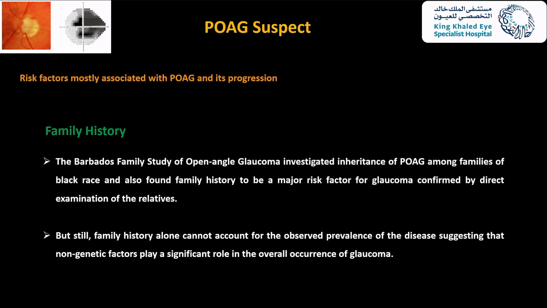The Barbados Family Study of open-angle glaucoma investigated the inheritance of primary open-angle glaucoma among families of black race and also found family history to be a major risk factor, confirmed by direct examination of the relatives. But family history alone cannot account for the observed prevalence of the disease, which suggests that non-genetic factors may play a role in developing primary open-angle glaucoma.